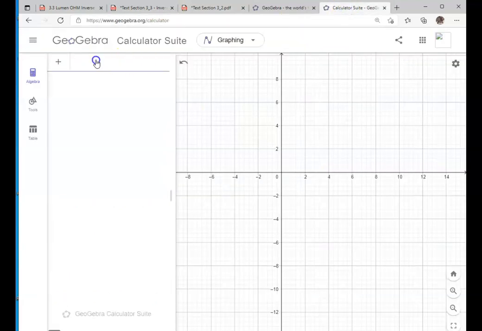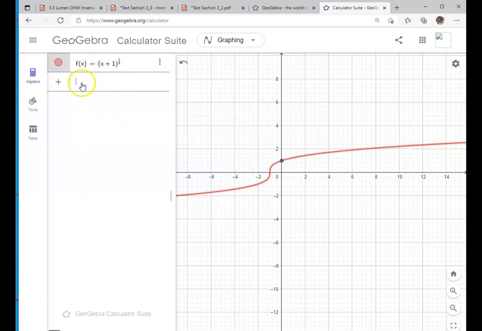Well, in the calculator, to do cube roots, I do x plus 1, the quantity, to the 1/3 power. That's the way I can do cube roots in GeoGebra. There is not a cube root function, but to the 1/3 power is the same as the cube root. And there's the function, cube root of x plus 1, graphed for us in GeoGebra.